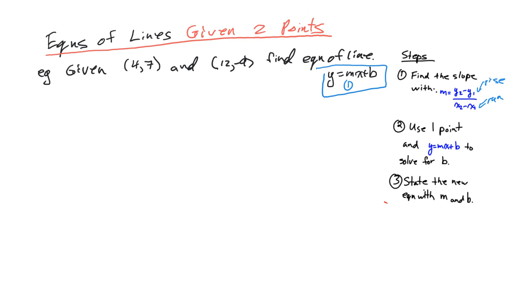So now, here's what we have to do in order to make our life easy. We're going to call the first point x1, y1, and the second point x2, y2. And now we immediately start by calculating our m value that we described right here.